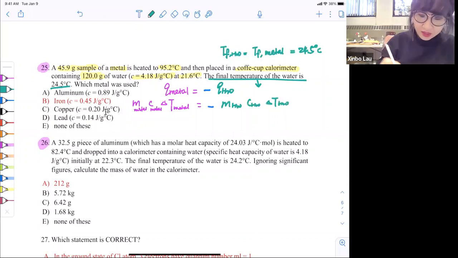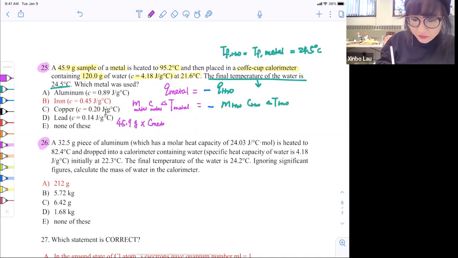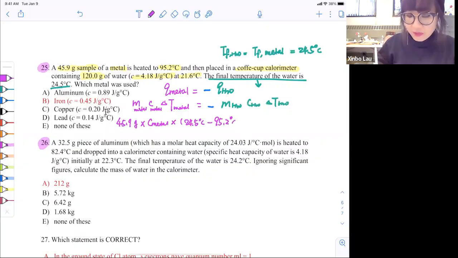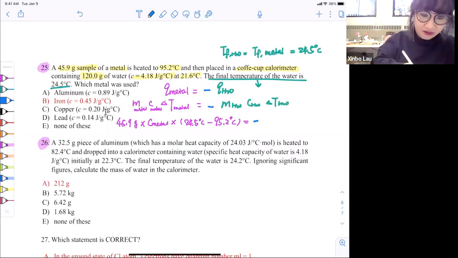Okay, so now let's plug it in. I have 45.9 grams times the specific heat, which we don't know, that's what we're looking for, and the temperature change will be 24.5 as we figure out, with initial temperature for the metal 95.2. Don't forget a negative sign, otherwise it's totally going to throw everything off.